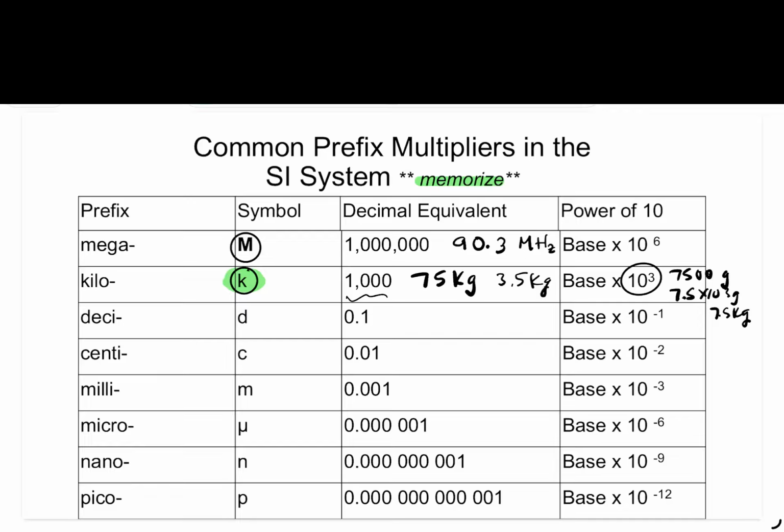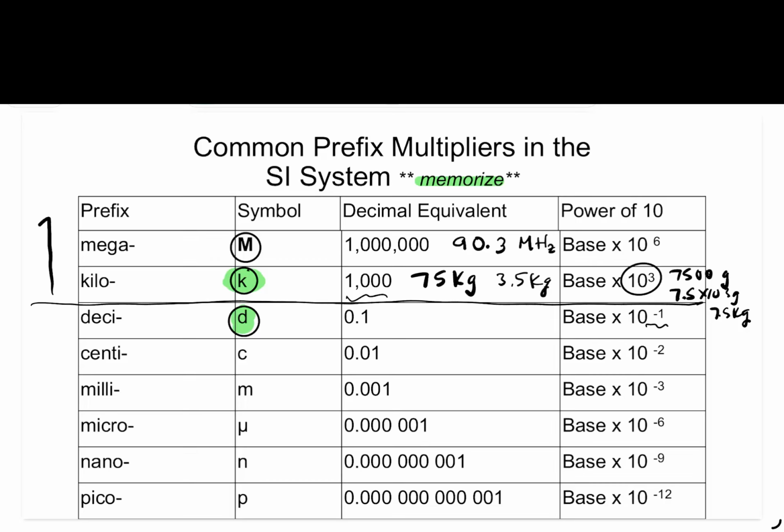Deci is one that we really won't use much in chemistry, but I've seen it a lot in the nursing calculations book. So I'm just going to highlight this as something that you should remember. And it's the negative one. So now we have this split between something that's larger than 1 and something that's smaller than 1.